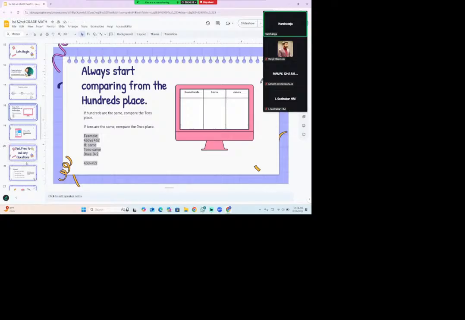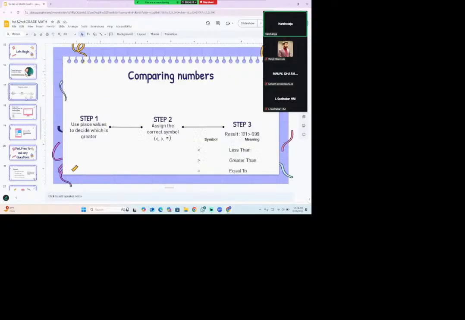So just to recap everything we've done so far, we learned how to compare numbers, following these steps, comparing each place value and seeing which one is bigger using these symbols.